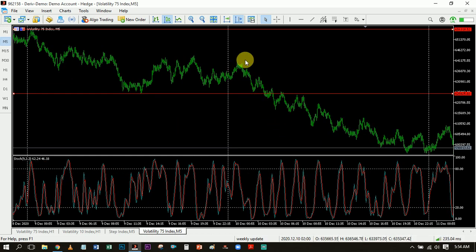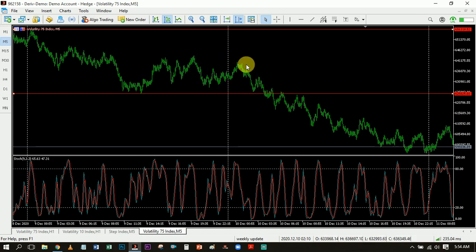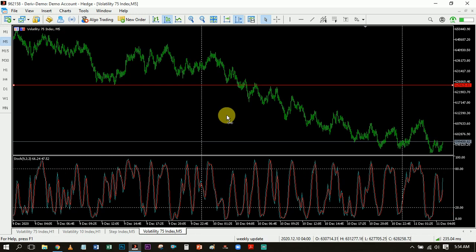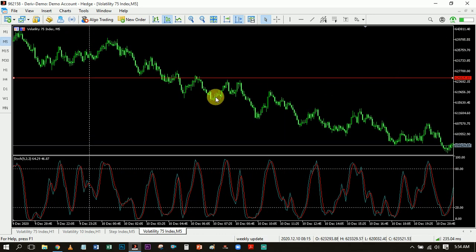You can see that the price dropped. It was a downtrend all through. You can see price hit here and was moving up and consolidating. Then it came to touch here, and you can see we had some consolidations here, then the market dropped.